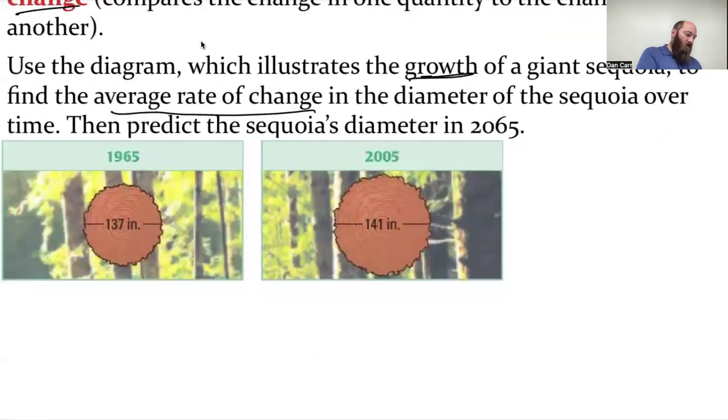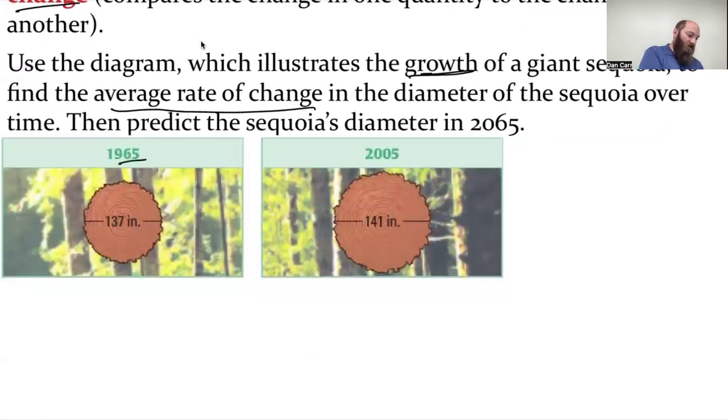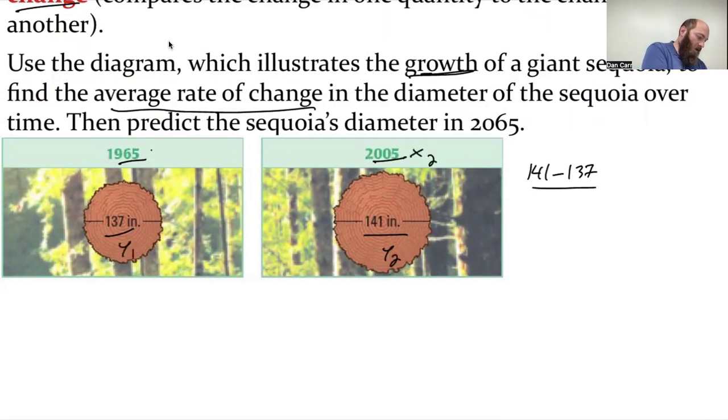Okay. So if we look at this, from 1965 to 2005, it went from 137 to 141 inches. So when we do the average rate of change for the trunk here, we're going to look at how much it grew over the years. So we're going to do that as a y2 and an x2, y1 and x1.